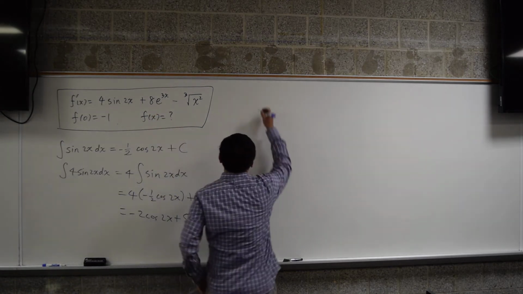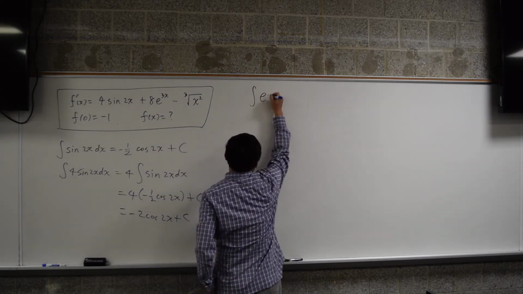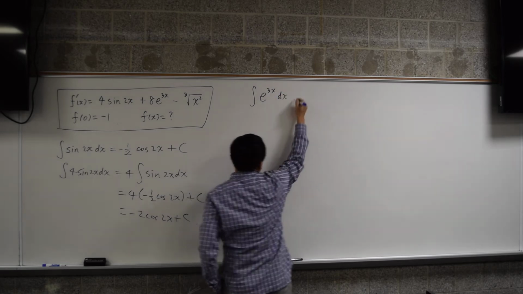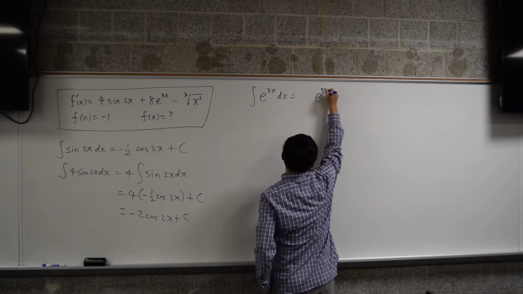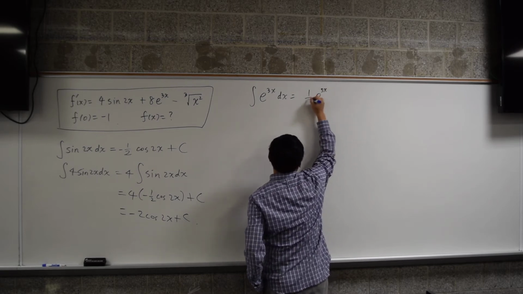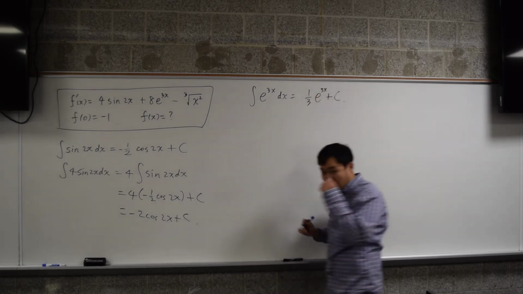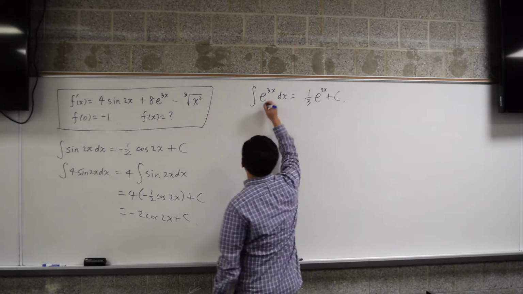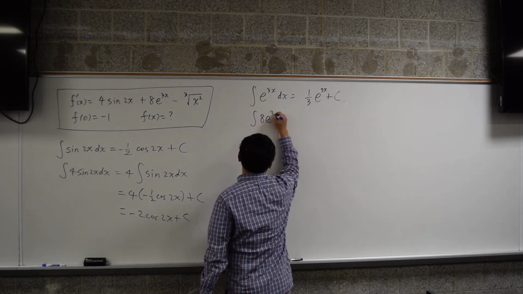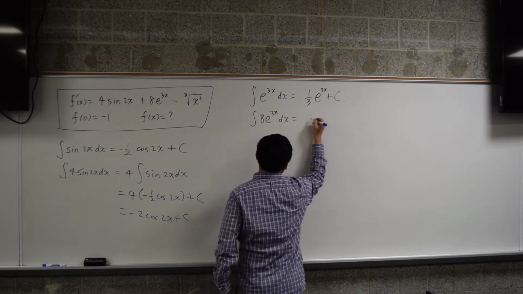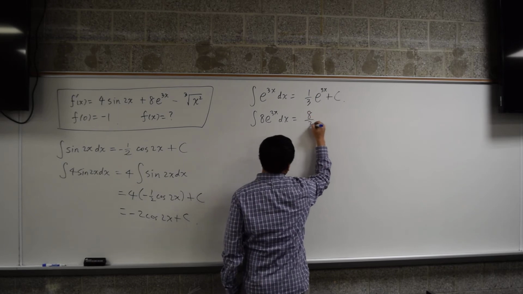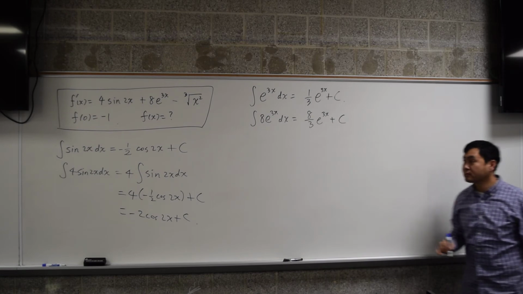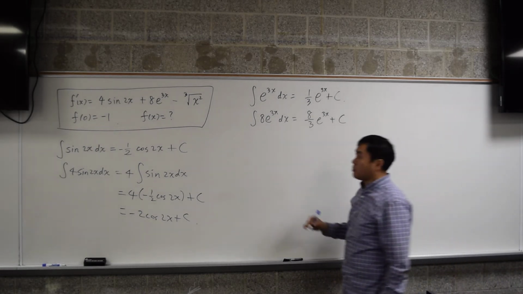All right, and the same reason I said that if you have any constant in front of x inside the e, what's the integral? It will give you the reciprocal in front. Therefore, if you had an 8 e to the 3x dx, what will be the integral? 8 over 3 e to the 3x plus c. That will be the integral. All right, putting everything together.